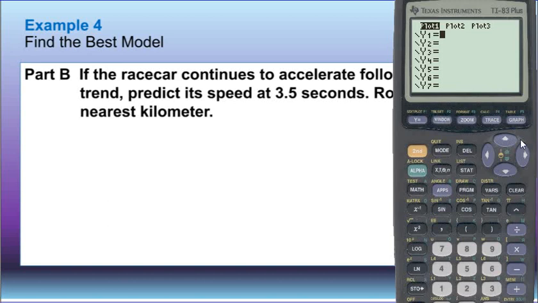So now y equals vars, number 5, statistics, go to EQ, number 1, puts that in there. Now if I hit graph, there's our line. And now if I do second trace the value, number 1, when x is 3.5, it would tell me how fast it would go. So that would be 204.8.